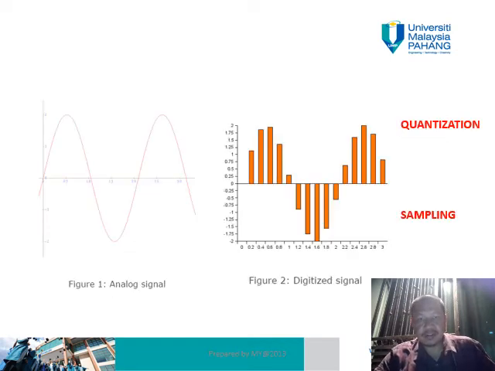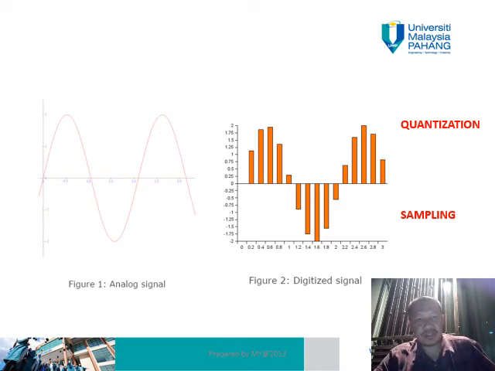For the sake of discussion or analysis in this topic, the simplest form of analog signal is the sine wave or cosine wave.